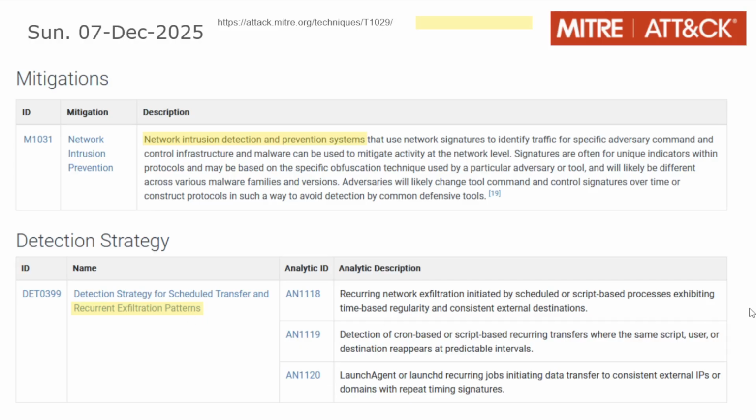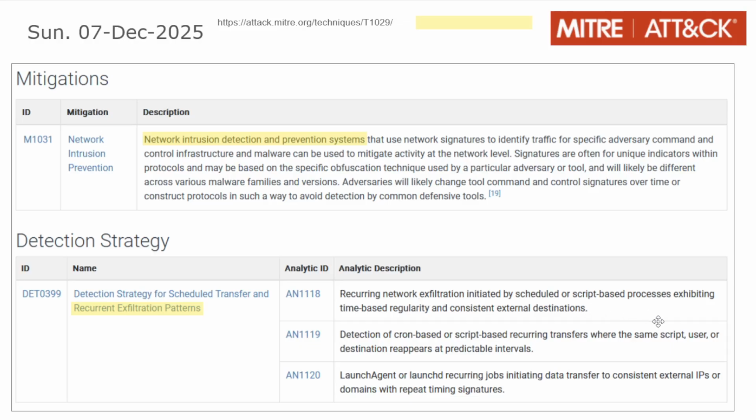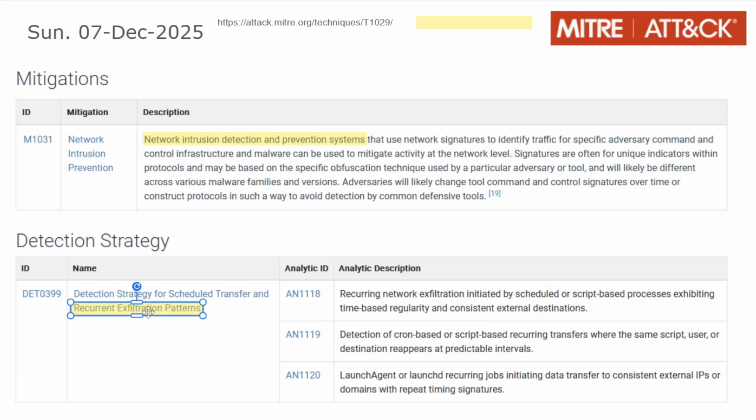But okay. Recurring network exfiltration initiated by scheduled or script-based processes exhibiting time-based regularity and consistent external destinations. Yes, external destinations is the buzzword here for sure, because to exfiltrate you need some target outside of your network.